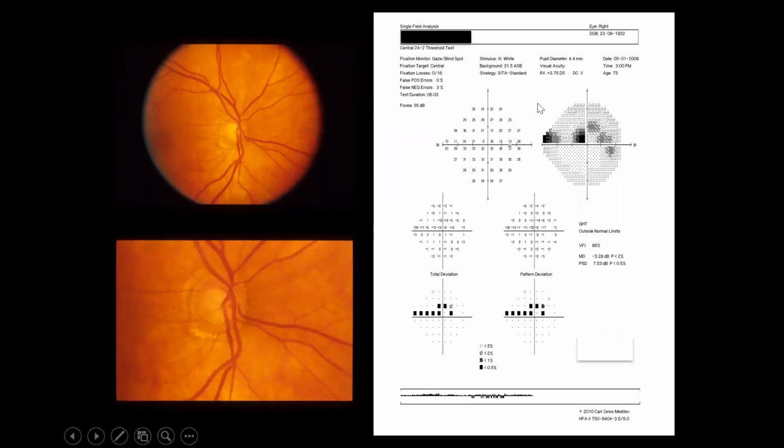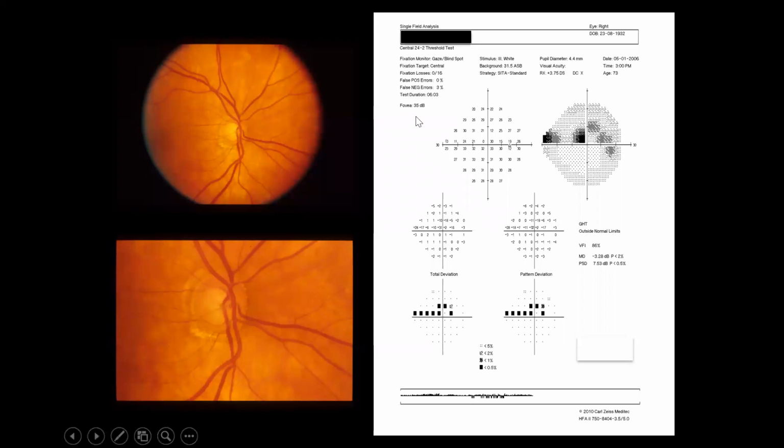Okay. Just before we go to the grayscale, I'd like to raise your attention to the test duration and the fovea. The fovea should always be on. Please make sure that the fovea is always on, because the sharpest area of vision that we have is the fovea.